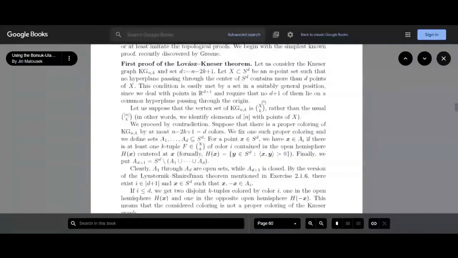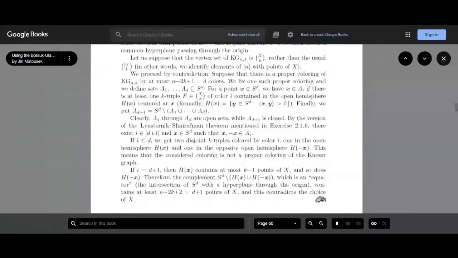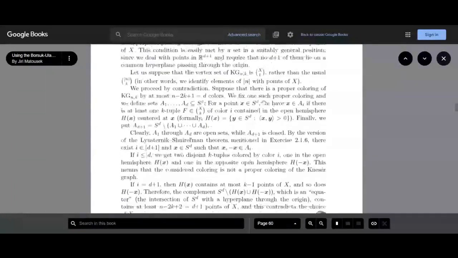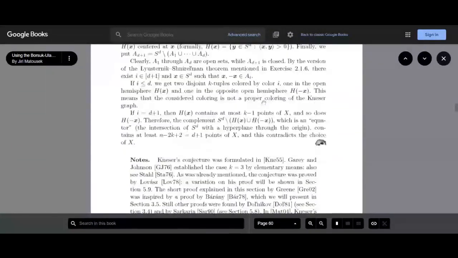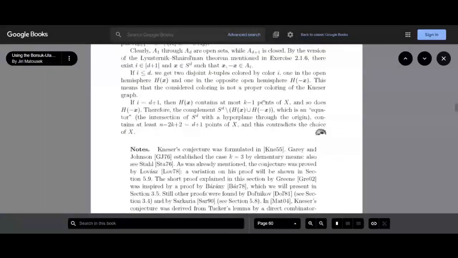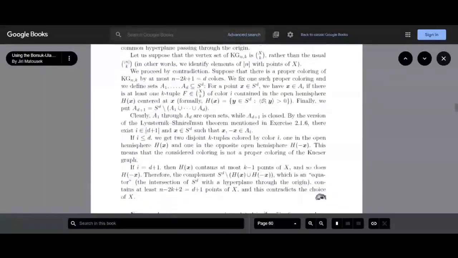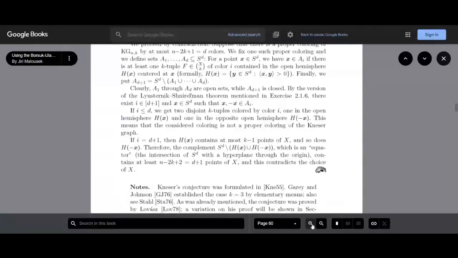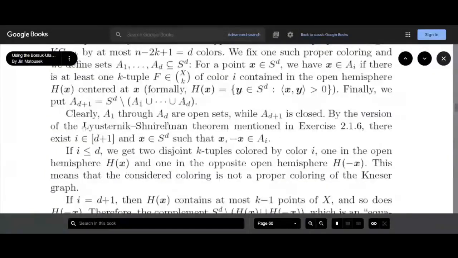And we're going to use a theorem which in this book he calls... let's see, I wonder if he even gives a name to it. Okay, so here's the theorem that we're going to use. This is one of the versions of Borsuk-Ulam. He calls this the Lusternik-Schnirelmann theorem. I had to look that up because I'm not even sure how to pronounce their names.